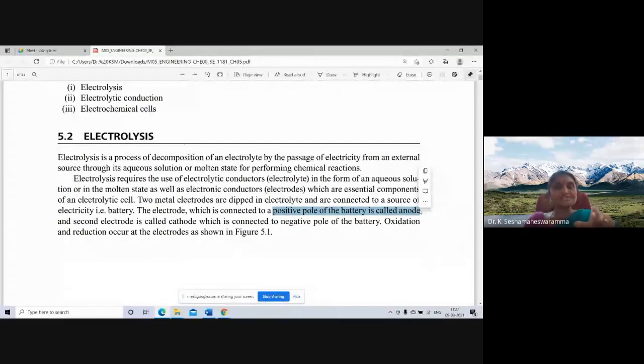Don't confuse it. The electrode which is connected to the positive pole of the battery is called the anode. It attracts anions. At the anode, oxidation takes place.